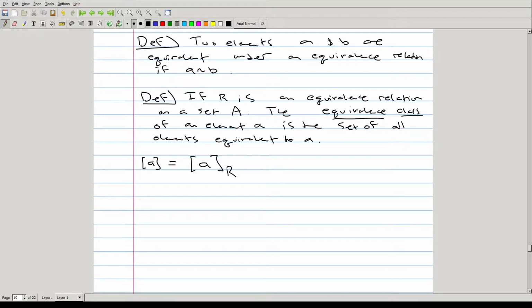If it's known what the relation is, we just put the box. Specifically, this is the set of all S in A such that (A, S) is in the relation, or the set of all S in A such that A is related to S under the equivalence relation R.